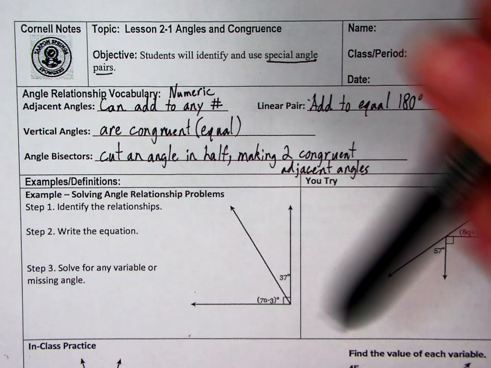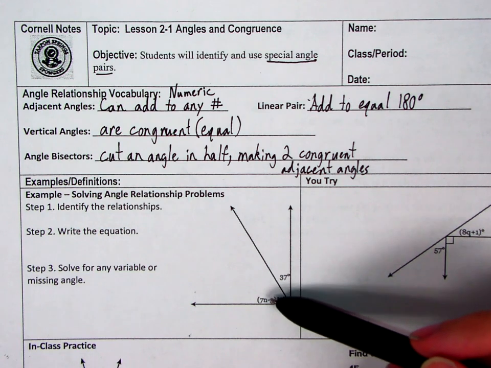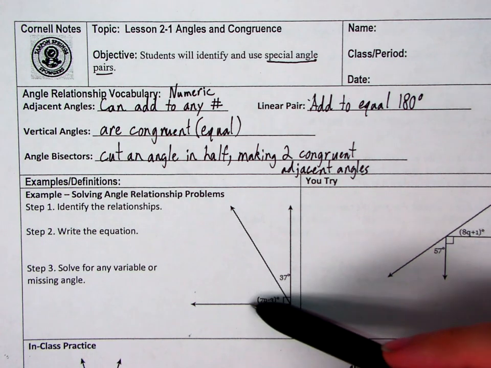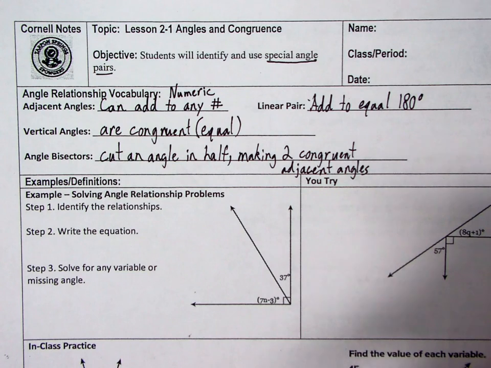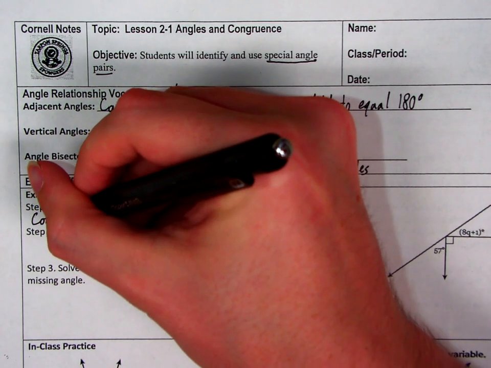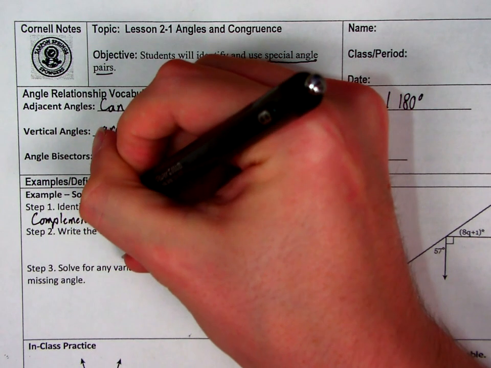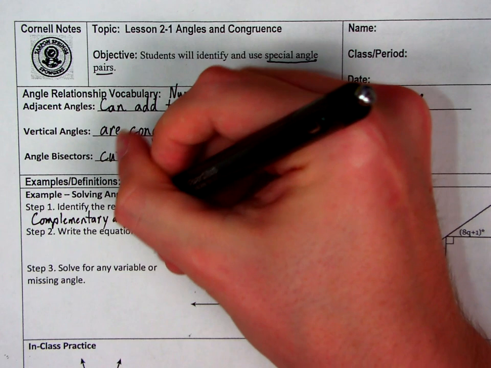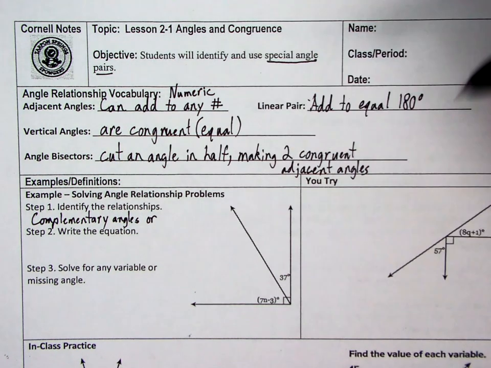Starting with this one here, we see two angles that are adjacent to each other. Just as a reminder, we also know that this is considered complementary because we see that they're making a right angle. So we could say that we have complementary angles, or they're adjacent angles.